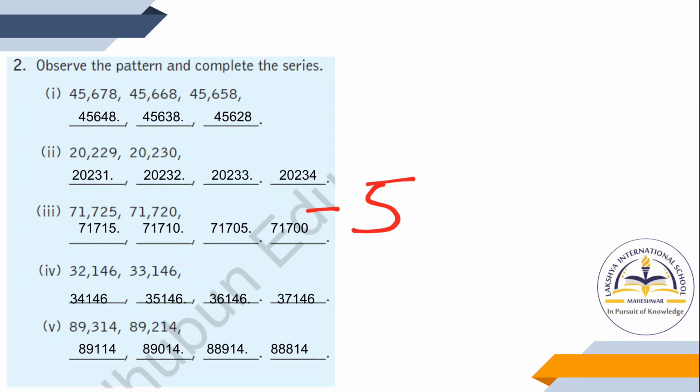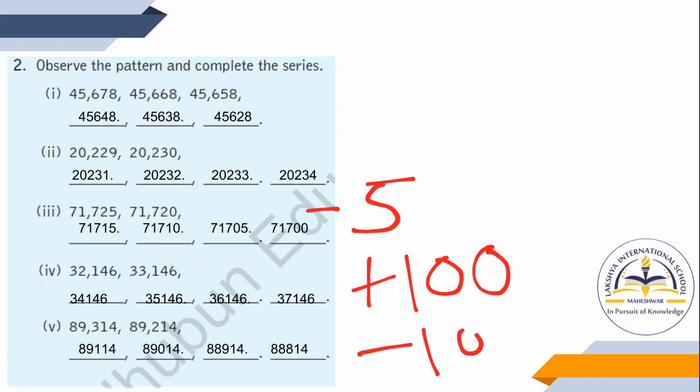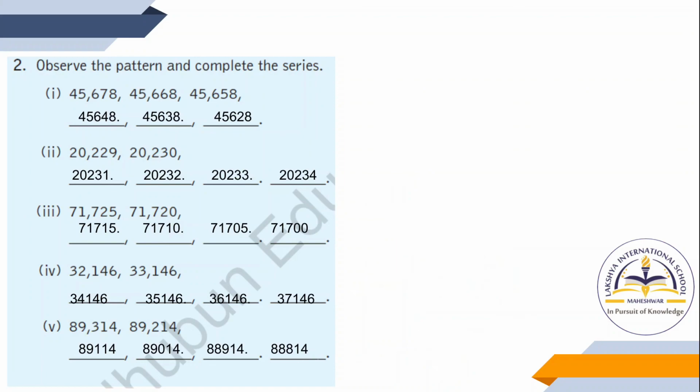Now here, plus in the pattern or series. 89314, 89214 means 100 is being subtracted. So like this you have to solve these questions.